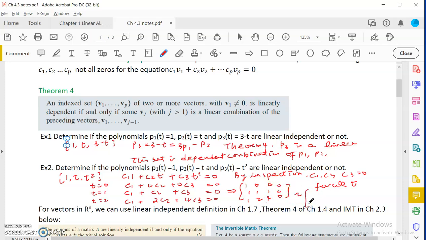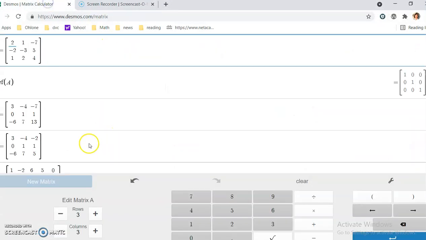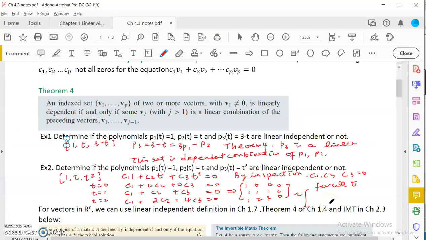And reduce to row echelon form. Did I do it already? I think I have it here, right? So this is the one. If I reduce to reduced row echelon form, the only solution is the trivial solution: 1, 0, 0; 0, 1, 0; 0, 0, 1, right? So c1, c2, c3 equal 0.